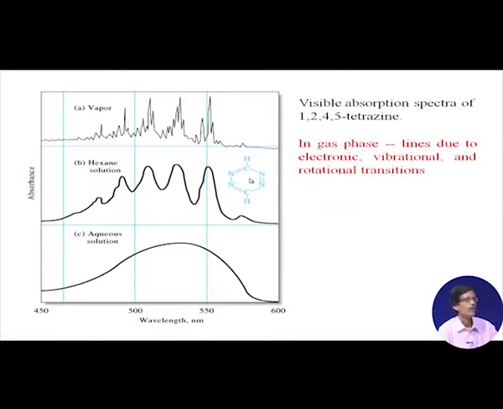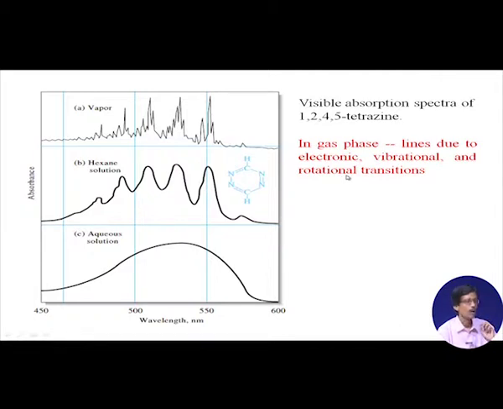So, what we get is that in gas phase basically the lines due to all three levels. So, why do we get all these finer levels? Because of the involvement of electronic, vibrational and rotational transitions.